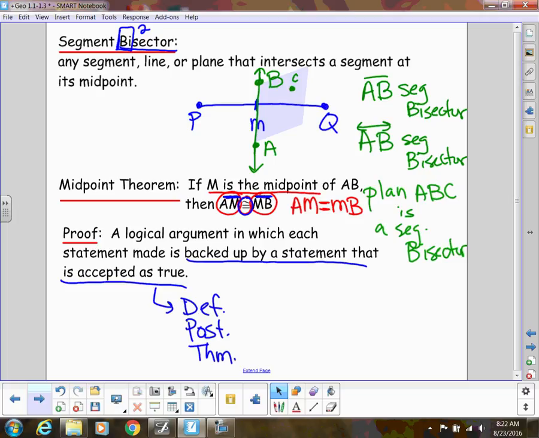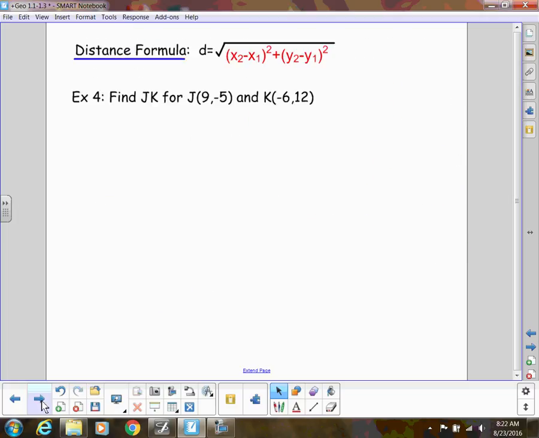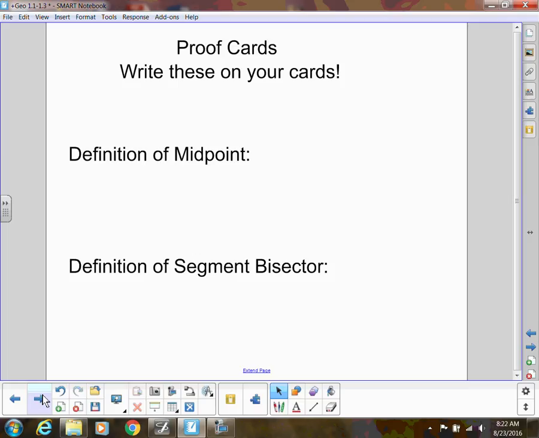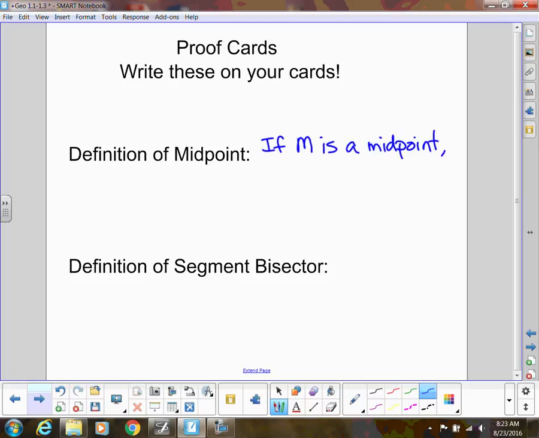So what I want you to do is get out your proof cards. For the definition of midpoint, we're going to write this in if-then form. So we're going to say first, if M is a midpoint, then PM equals MQ, and we're going to put a little diagram over on our card so that we understand what's going on.